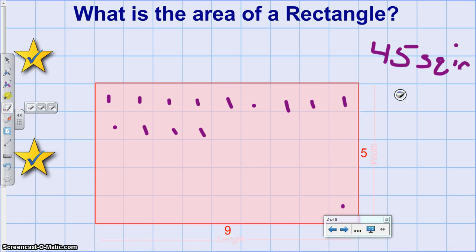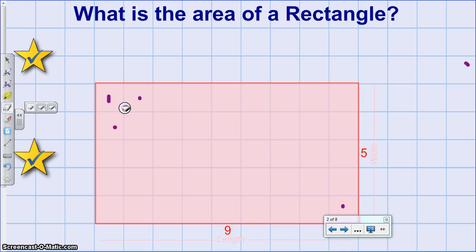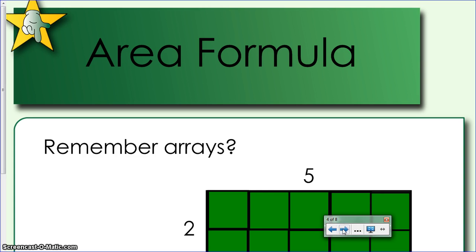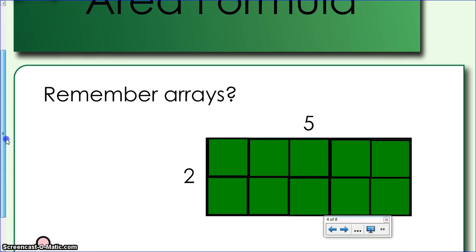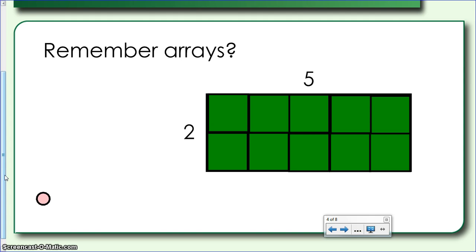But we don't always have all these square measurements to count. Sometimes when we're trying to find the area of an object, there's nothing there to count, and we have to use multiplication. If you go back to multiplication and you remember the arrays that we used, well then finding area is just like looking at an array.